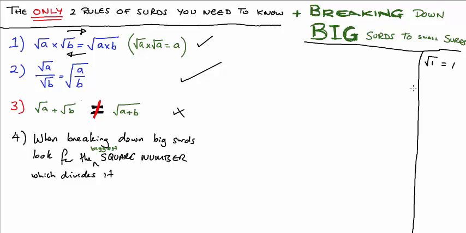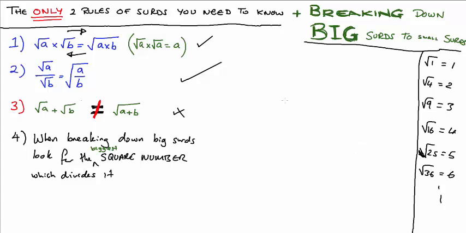So square root of 1 is 1, square root of 4 is 2, square root of 9 is 3, square root of 16 is 4, square root of 25, let me clean that up for you, is 5. Square root of 36 is 6. These numbers you want to almost always have in your head.